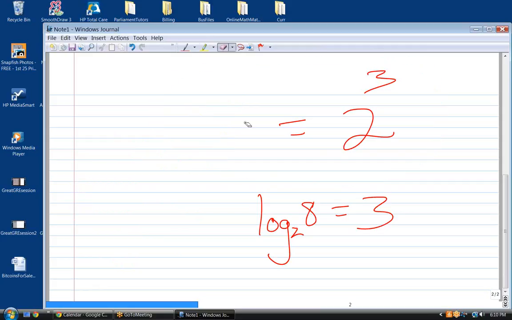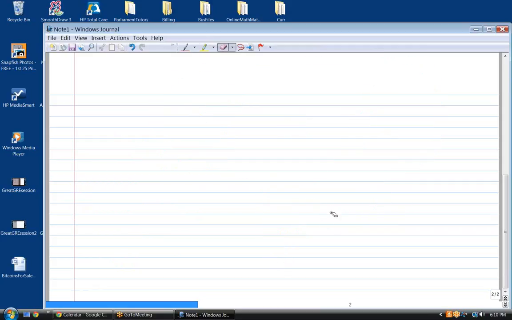Okay. Because a lot of times when you're going to solve those logarithmic equations, the only way to solve them is to take the final log expression and turn it into an exponential expression and be able to solve it. So you've got to be able to go both ways.